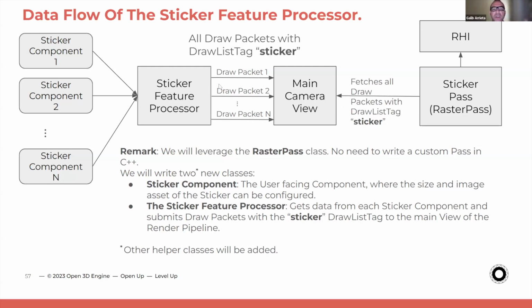The mesh feature processor creates draw packets and feeds them to the correct views, or cameras. Then each pass in the pipeline fetches draw items for them based on their draw item address, also known as the draw list tag. So we're taking the same architecture and we're going to use it for our sticker feature processor.